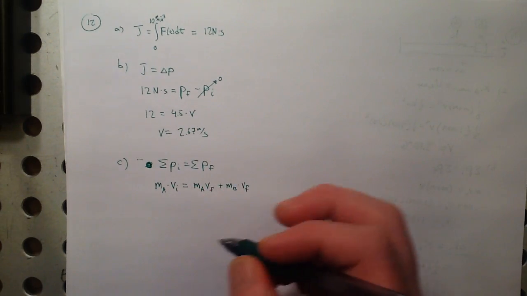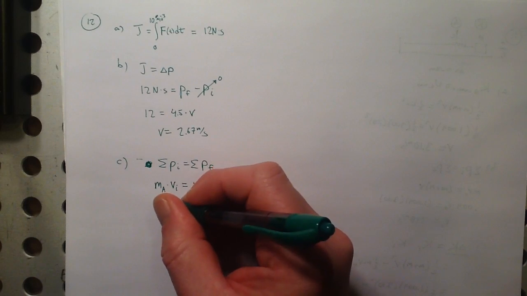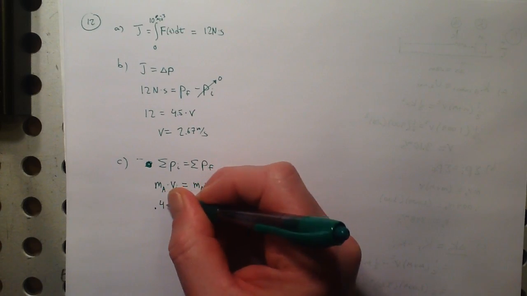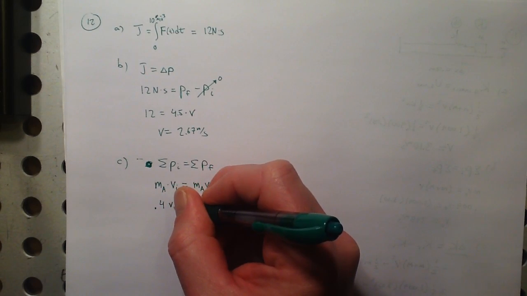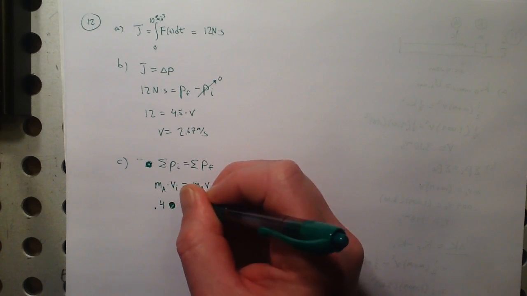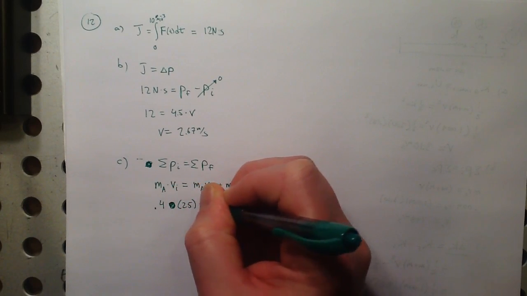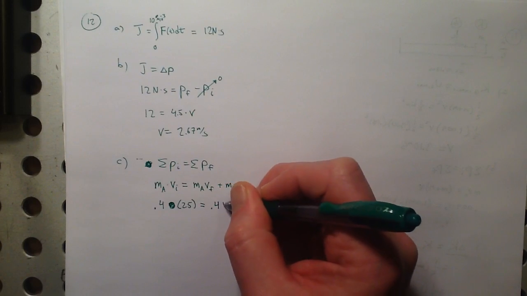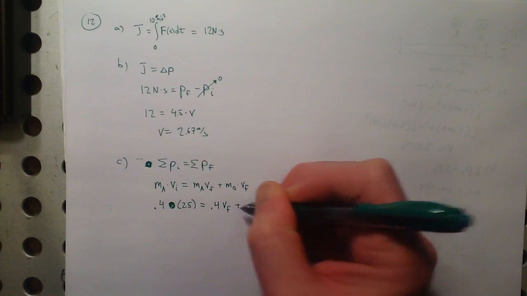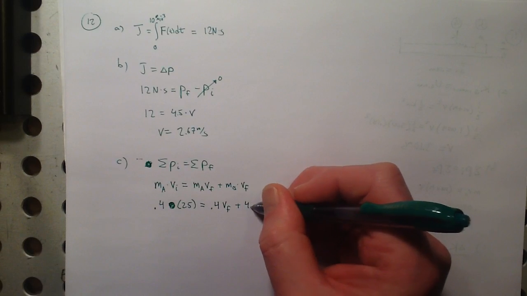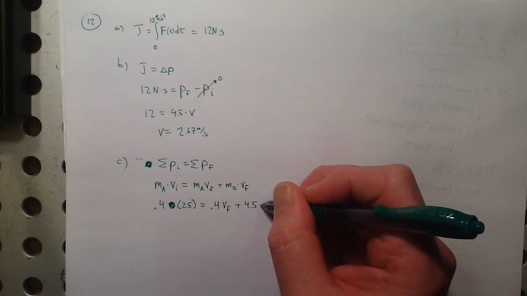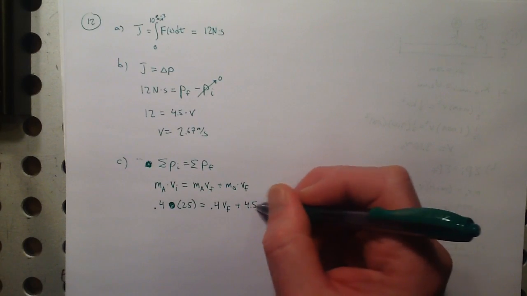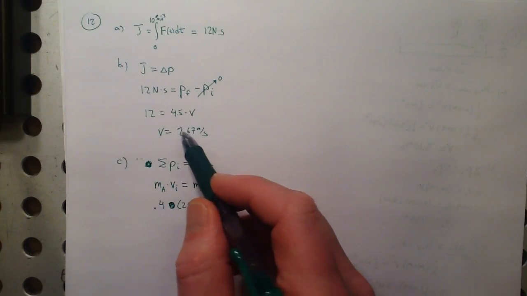All right, so let's throw things down here and see what we can get. So mass of block A times its velocity before the collision, which we know is 25. They told us that. Mass of block A times its final velocity, that's what we're looking for. Mass of block B, 4.5 times its final velocity. Of course, this is the momentum, so I could have just used the 12.